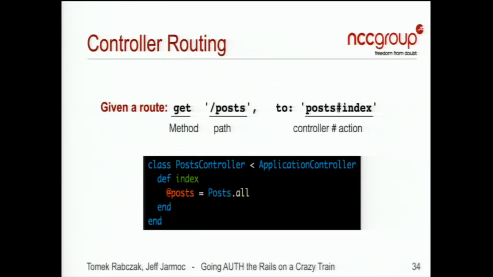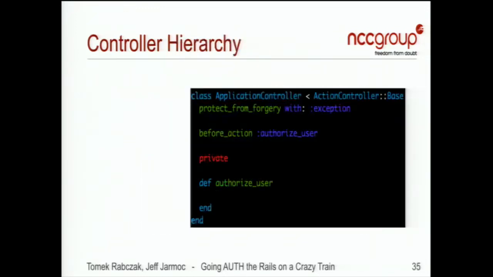So now that we've looked at what a controller looks like, let's talk about the controller hierarchy for a second. This is the application controller. When you generate a new Rails application, this is one of the controllers that gets generated by default. The application controller gets inherited by all other controllers by default, right? So if you run rails generate controller and give it some parameters, it's going to inherit from application controller.